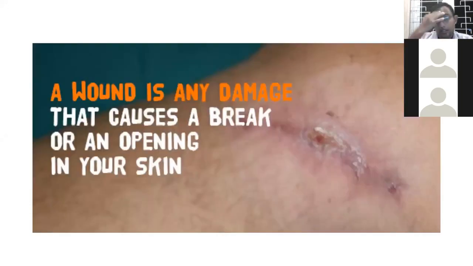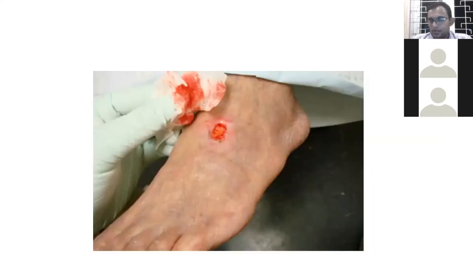So then, our original question: what is a wound? We are talking about skin wounds, obviously. So it's a break or an opening in your skin. Very simple. So something like this.